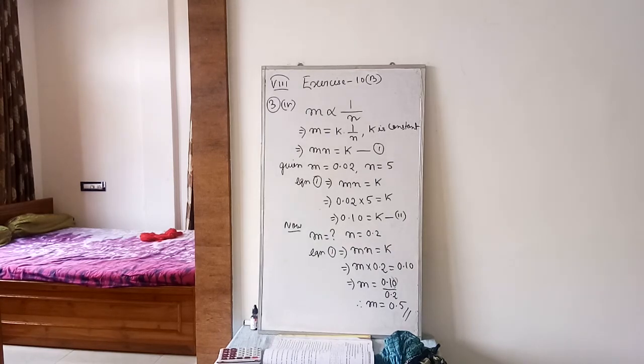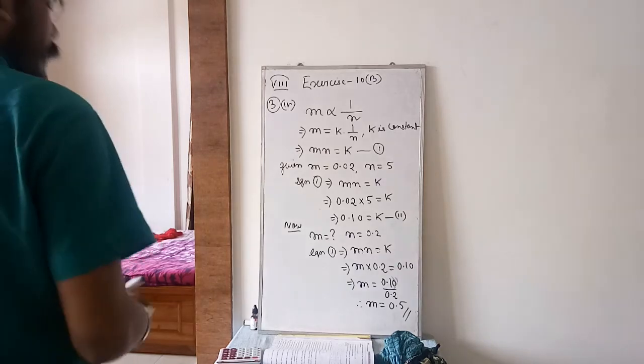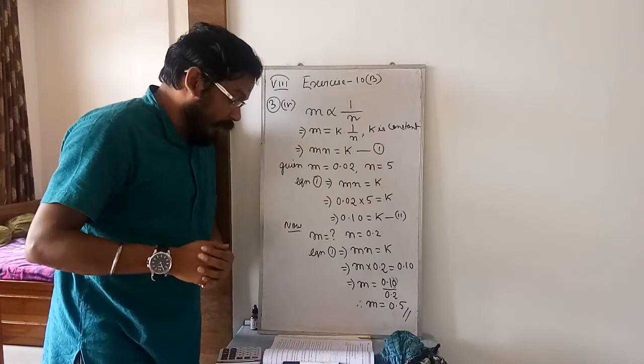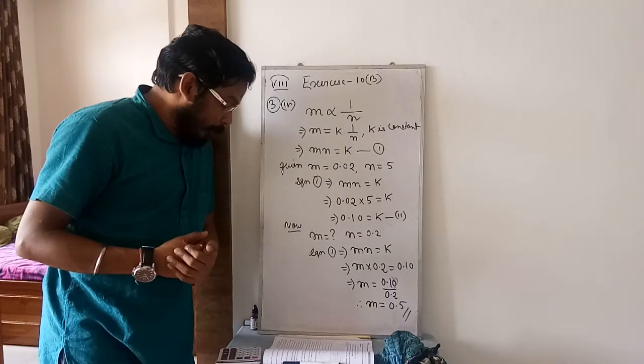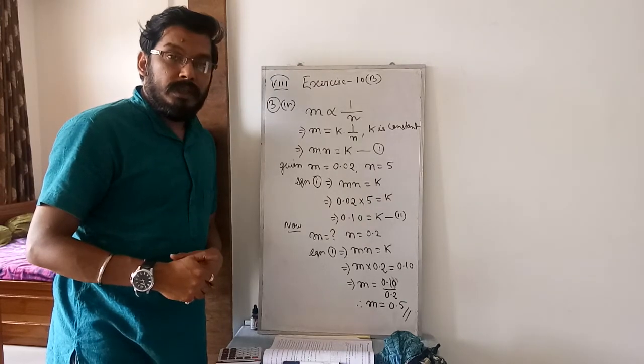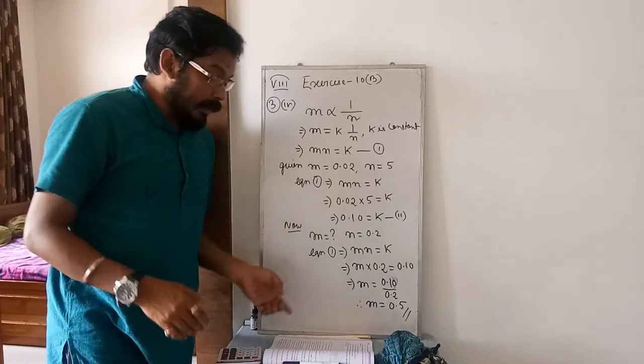Okay, so this is all about question number 1, question number 2 and question number 3. So from 4 to 13 we will see in the next session. Note all this in your copy, all the sums.